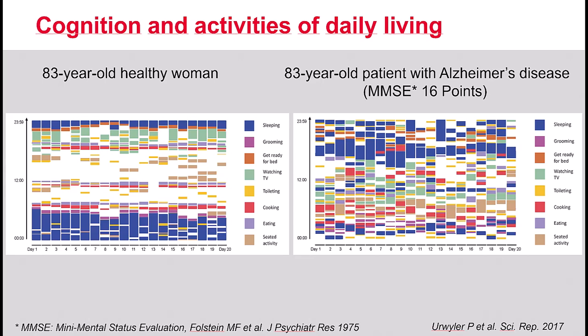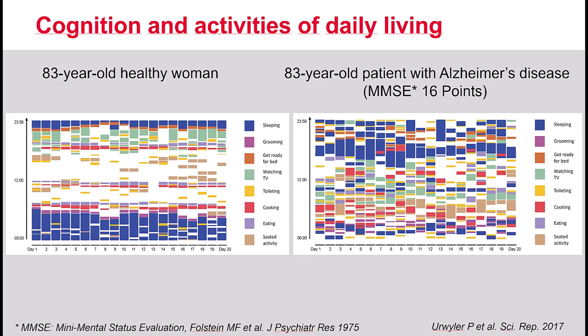Here on the right side, you see the same pattern of an 83-year-old patient with Alzheimer's disease, here measured by the Mini-Mental State Evaluation. 16 points means quite heavily impaired, but this patient was still living by herself at home.